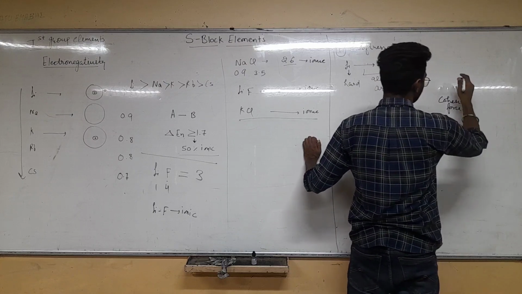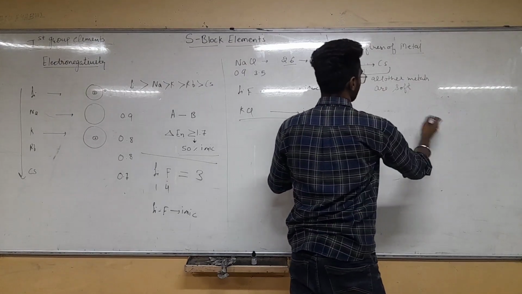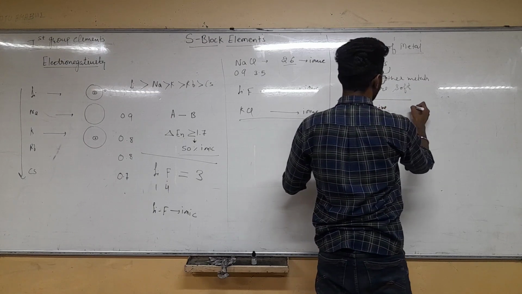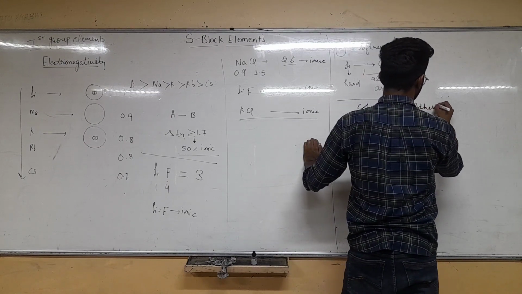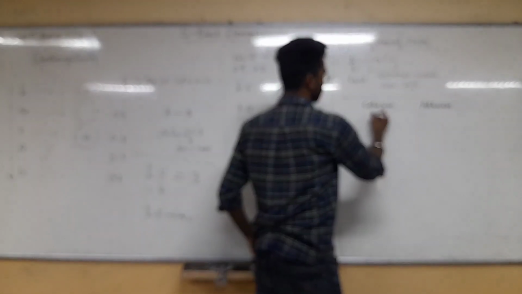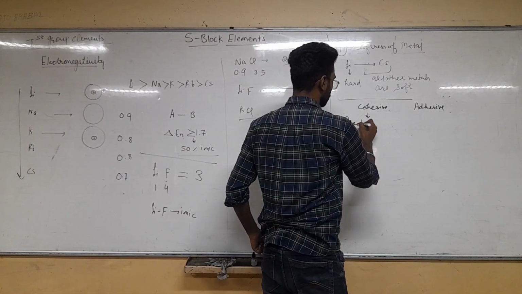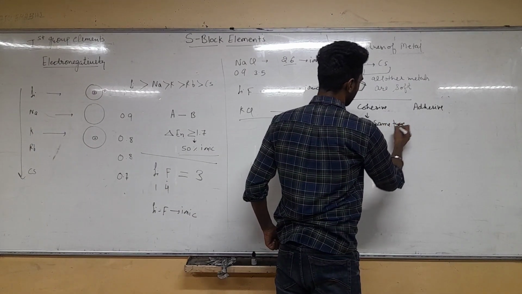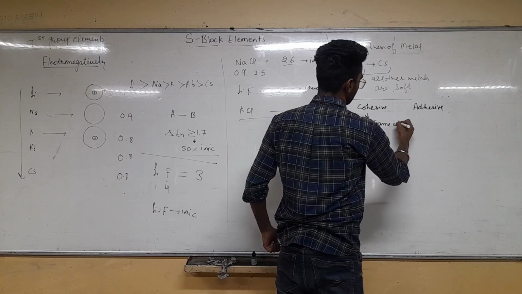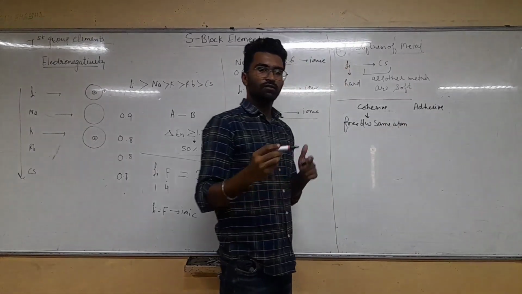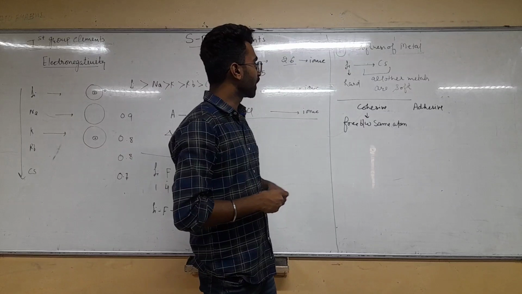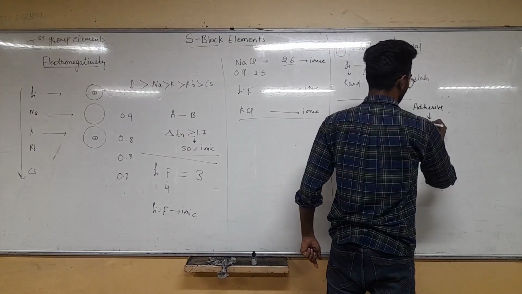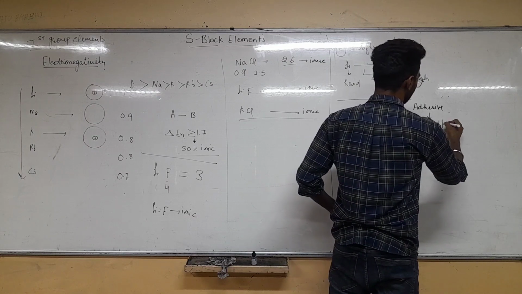Cohesive is the force between the same type of atoms. If I talk about lithium, then the force between lithium and lithium atoms will be a kind of cohesive force. Adhesive is the force between different atoms.